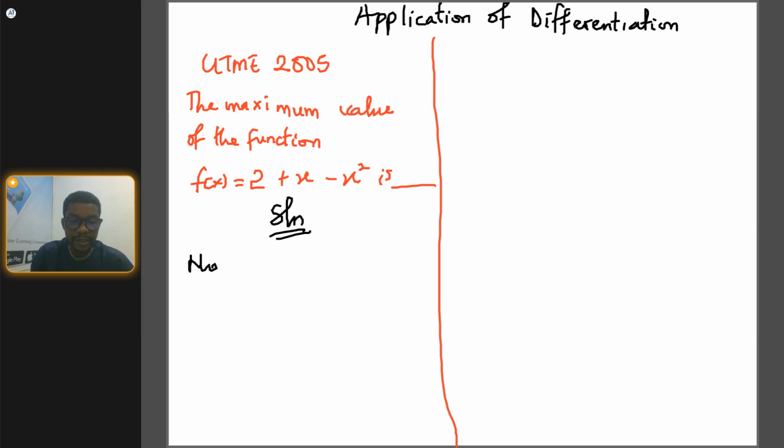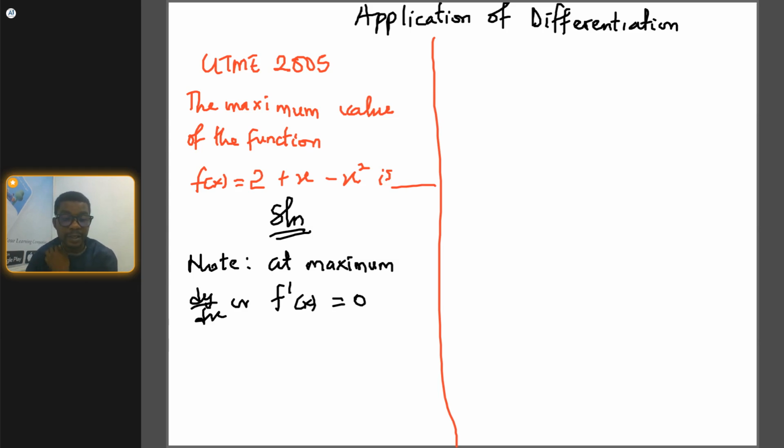But take note that at maximum, dy/dx, or f prime x, is equals to 0.